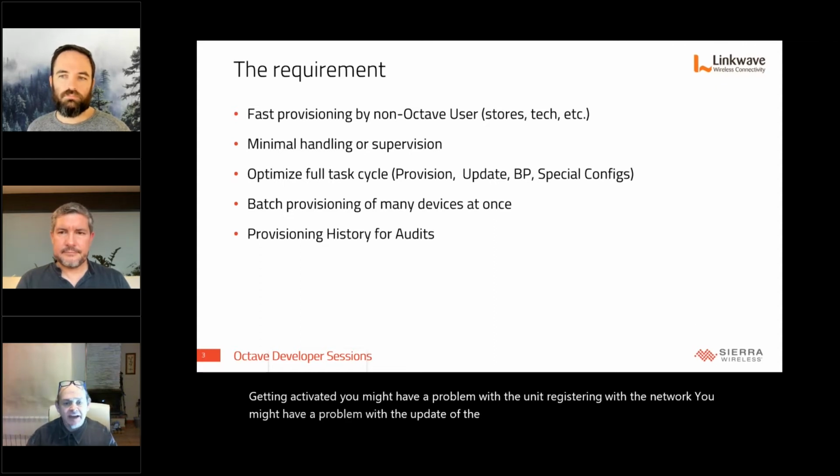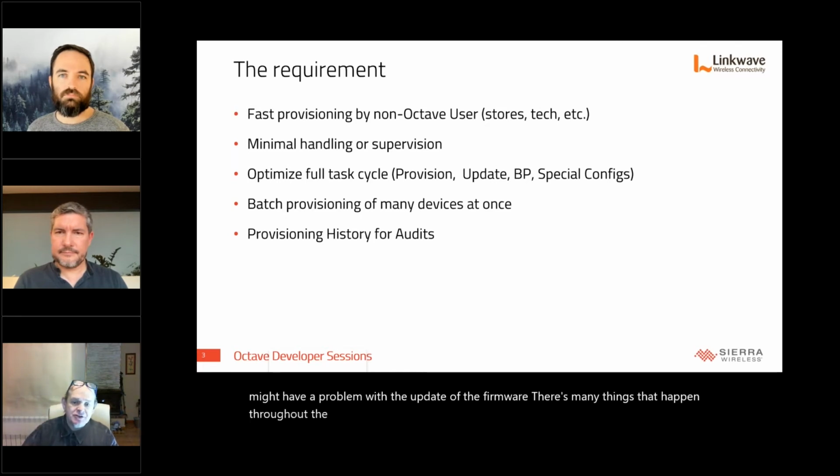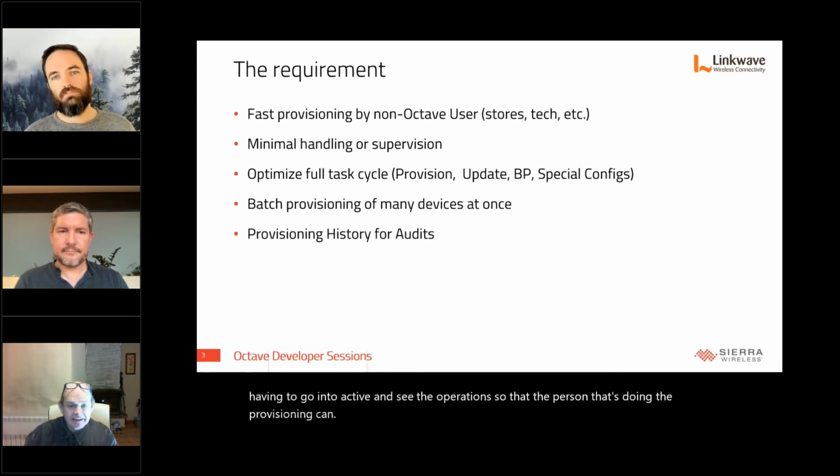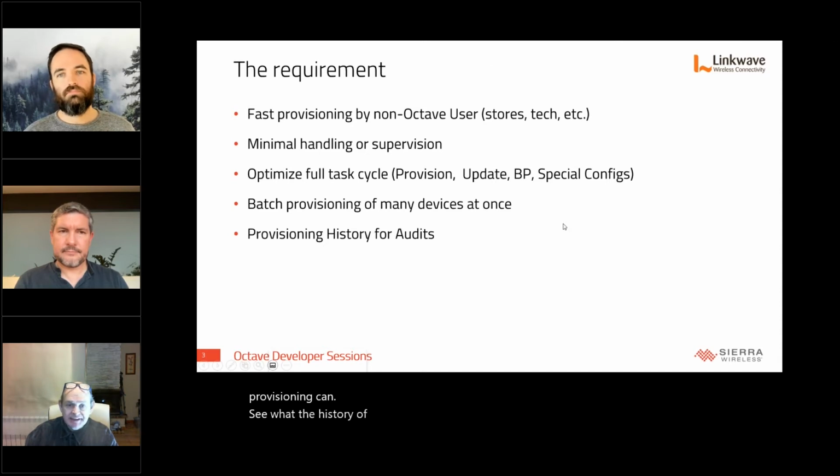There's many things that happen throughout the provisioning. We wanted to be able to go back and see the audit without having to go into Octave and see the operations, so that the person that's doing the provisioning can see what the history of that provisioning was.